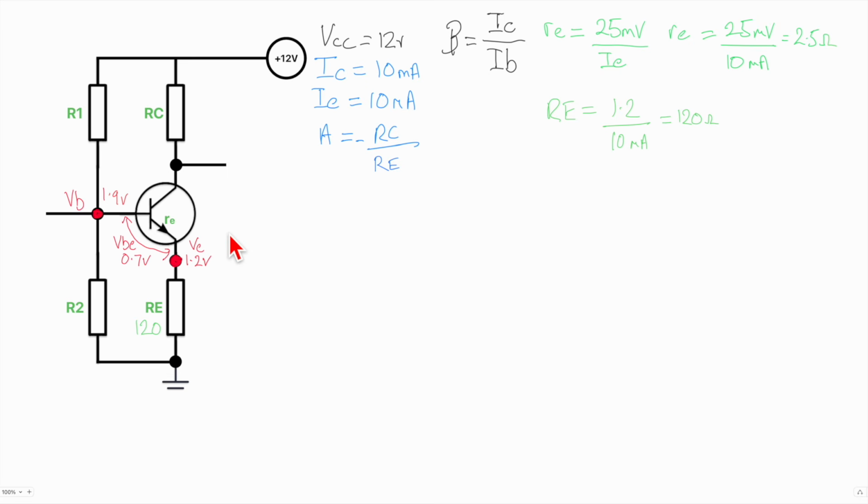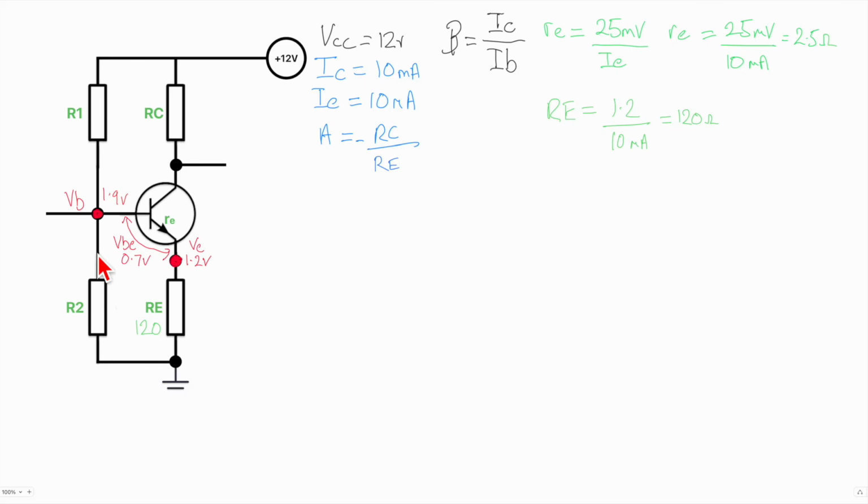So is there a way in which we can make the biasing point, the voltage here, not dependent on beta? Well, yes, there is. And that's by making this voltage divider here, and it's a funny phrase, a stiff voltage divider. What it means is it's stiff because it doesn't bend.